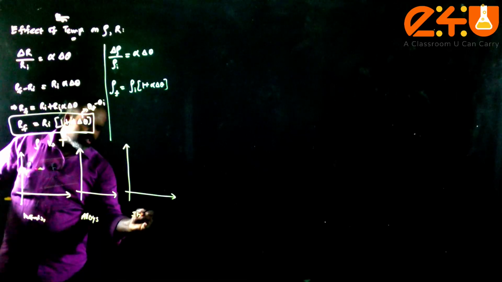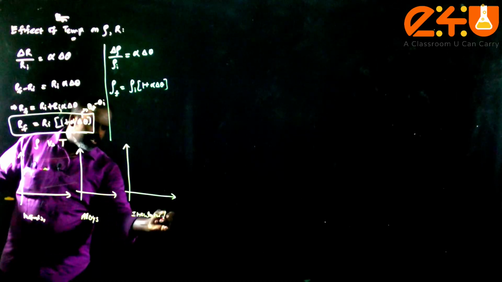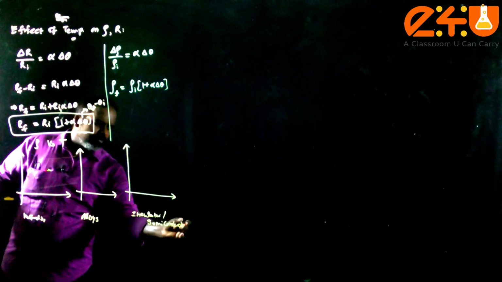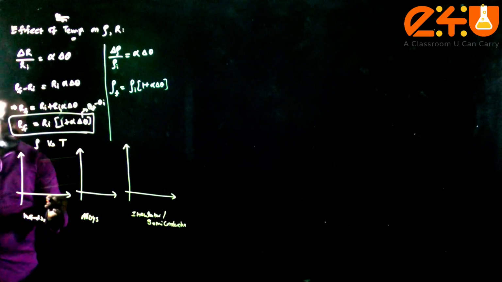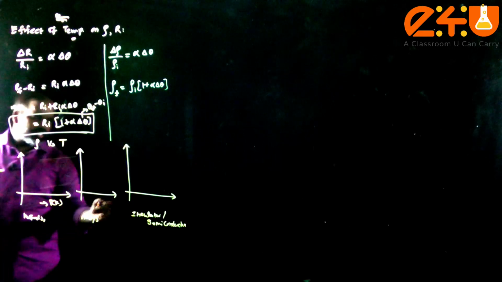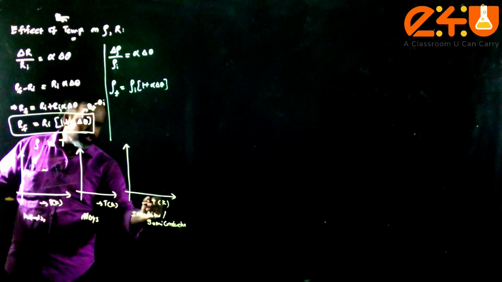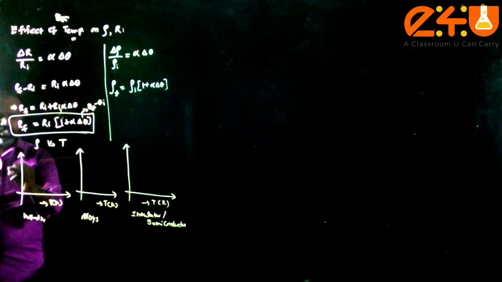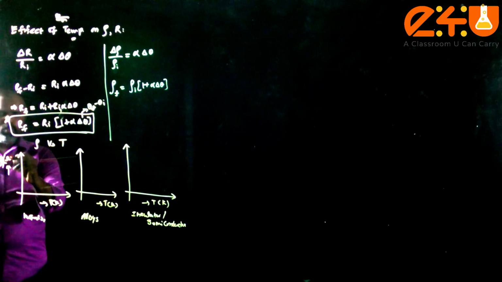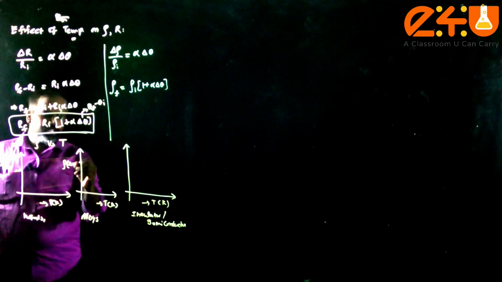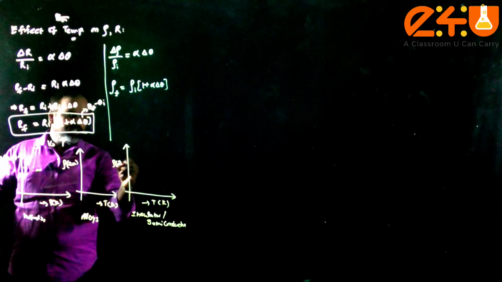And this is for insulators or semiconductors, which we will discuss in the 14th chapter, semiconductors. I have taken temperature in the Kelvin scale, and when you draw the graph, kindly represent the units properly along the axes. So rho in ohm meter, and here also rho in ohm meter, and here also rho in ohm meter.